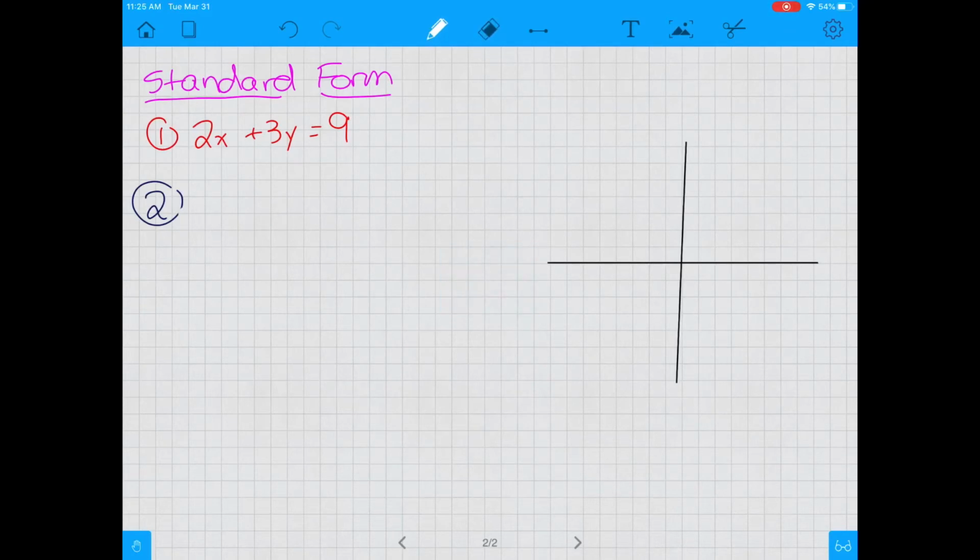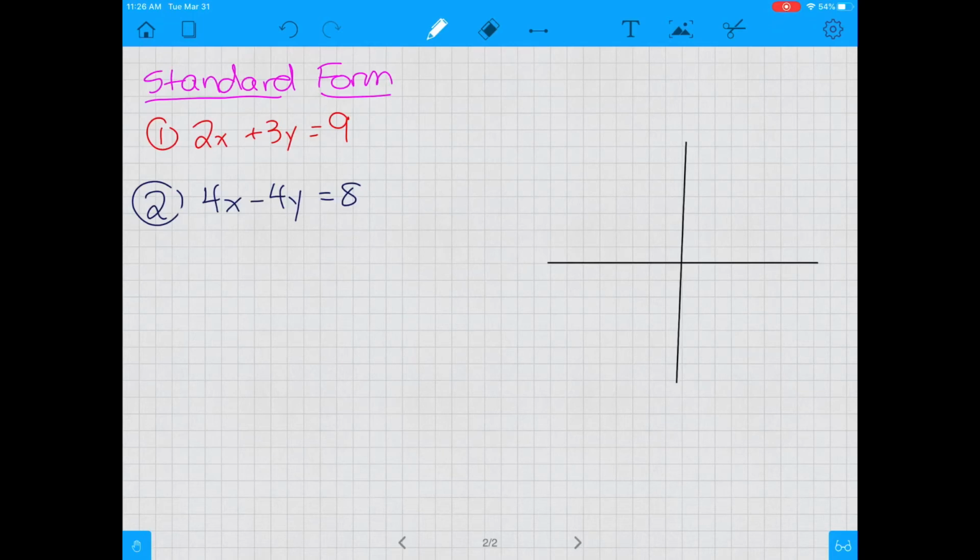Let's see, 4x minus y equals, that's not going to fit. 4x minus 4y, there we go, equals 8. Much better. I had to make sure this was going to fit for all of you.